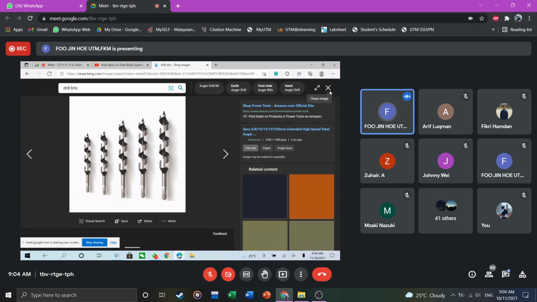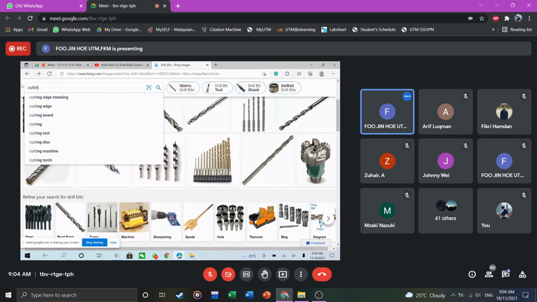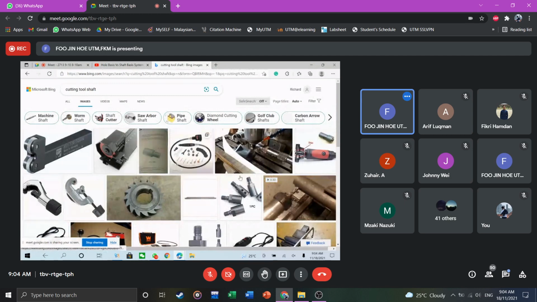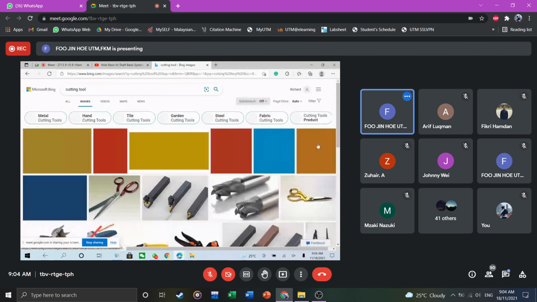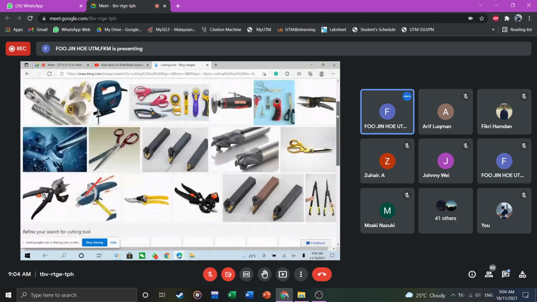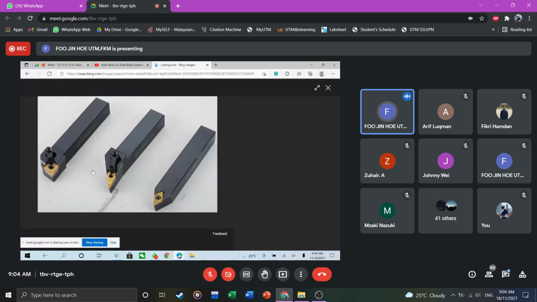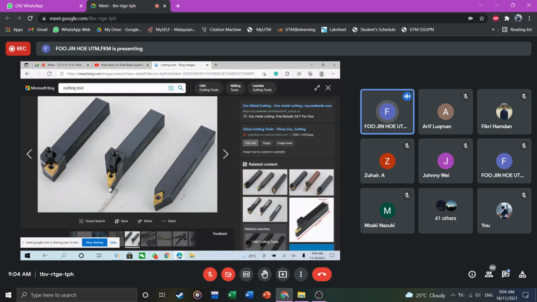Comparatively, for this kind, you can see that there's one sharp angle here. I wonder if you can see my cursor.